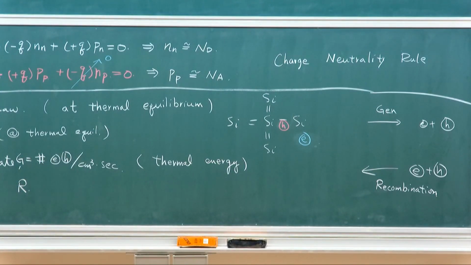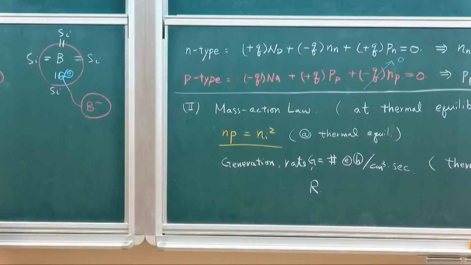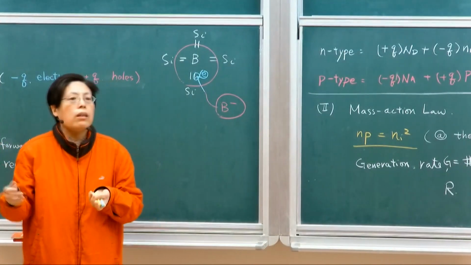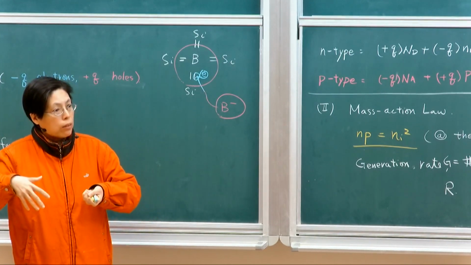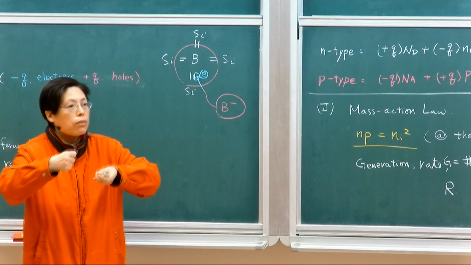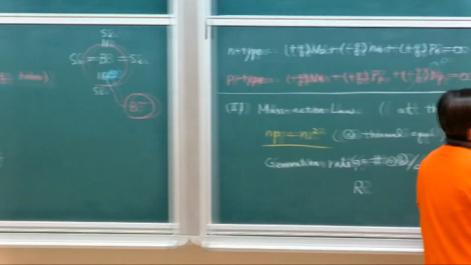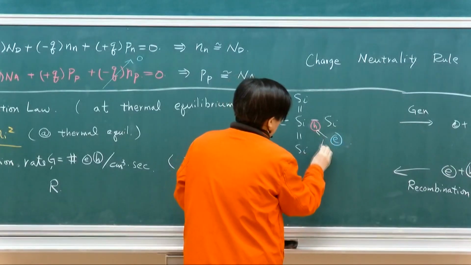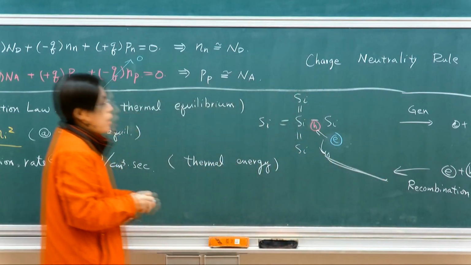If there are a lot of electrons and holes in the system, they will tend to recombine, meaning these electrons wandering around want to see this empty seat and sit down. The sit down of electrons back into here is called recombination.